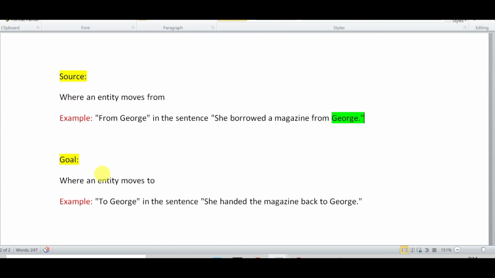And the goal is where something goes to, or where an entity moves to. For example, in the sentence, she handed the magazine back to George, to George is our goal.